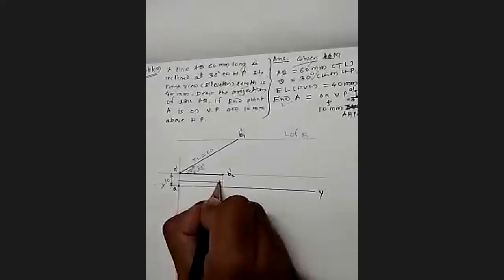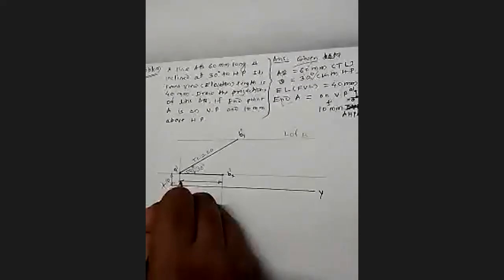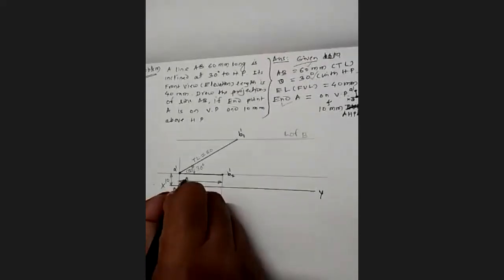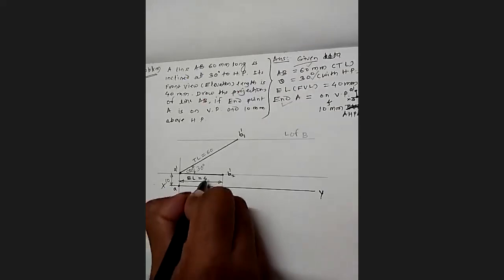This length is nothing but the EL. Simply I will write EL. I will not include the front view length here; it is one and the same. It is given as 40. You should not add a unit here because it is understood that all dimensions are in millimeter.